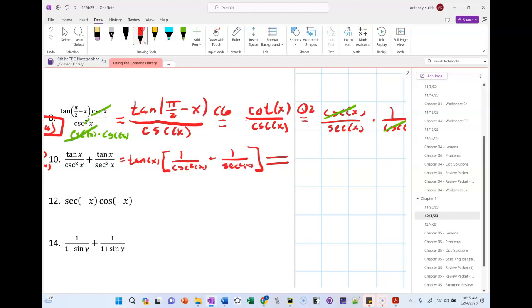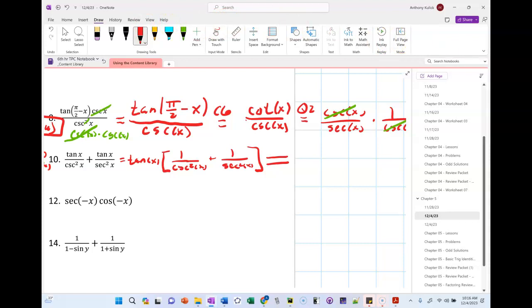So when I look at 1 over cosecant squared plus 1 over secant squared, if I'm not going to make a common denominator, which I told you is okay to do, but there's an easier route. Yeah, so I would use the reciprocals. I would use R1 and R2.